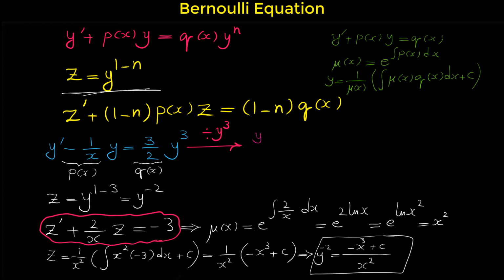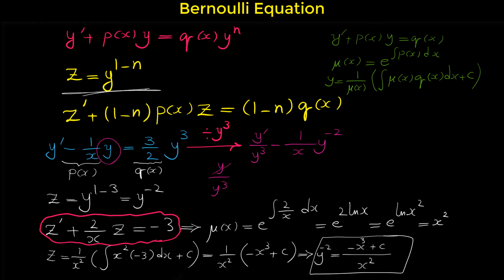Y prime over y to the 3 minus, if we divide this term by y to the 3, we have a y here. If we divide that by y to the 3, we get 1 over x times y to the negative 2. Again, note that we divide this y by y to the 3.